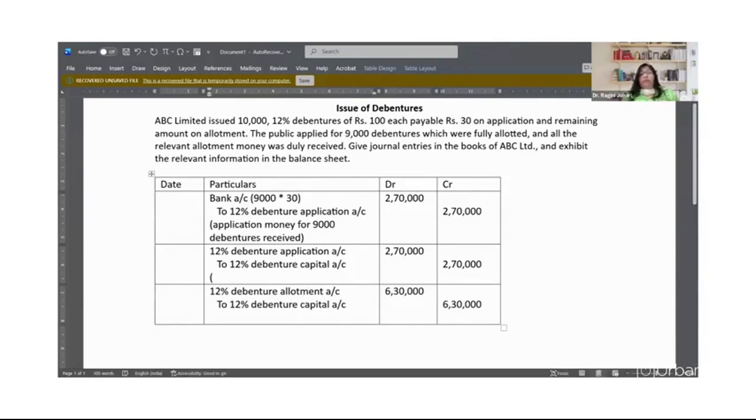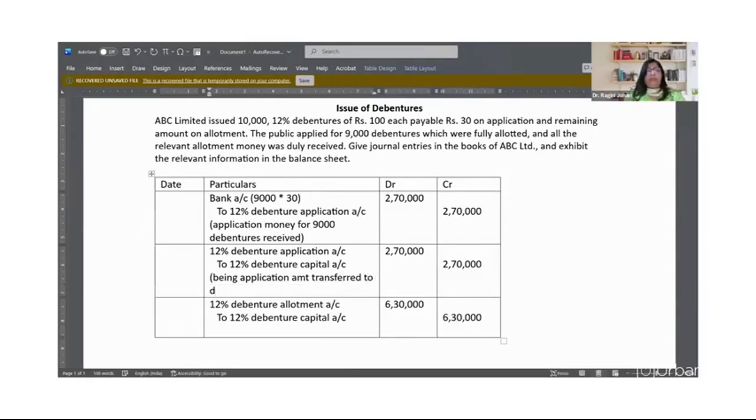We should not forget writing the narration after each journal entry. So when that money was transferred from the application account to the debenture capital account, the narration is: being application amount transferred to debenture capital.